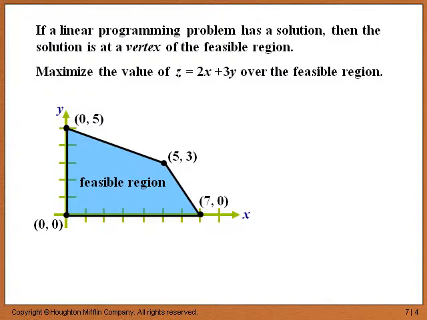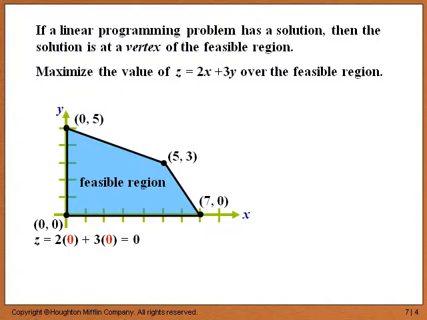I want to see which x and y ordered pair are going to give me a maximum value for z. So what we do is we test each vertex by plugging in those x and y coordinates into the objective function, and we see which of those ordered pairs will yield the largest number for z.